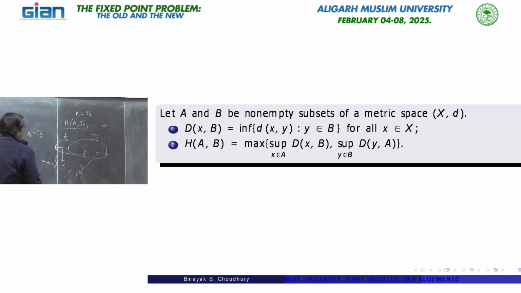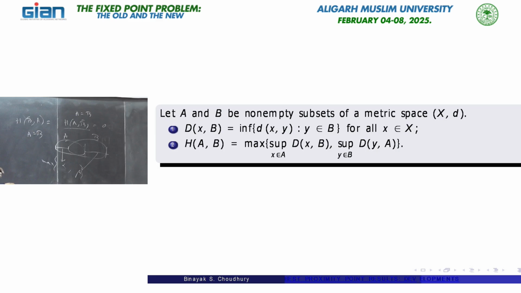And by symmetry of the definition, H(A,B) is equal to H(B,A). And again, you can see that triangular inequality will also hold. You will have to be analytical to see that triangular inequality will hold for this particular definition. So this is the concept of Hausdorff distance.